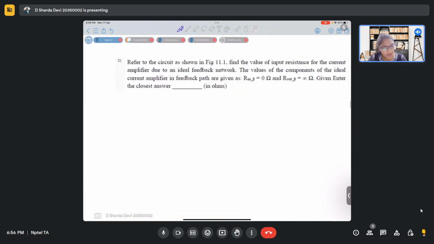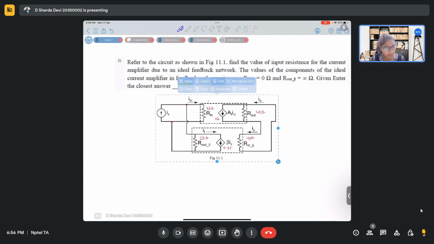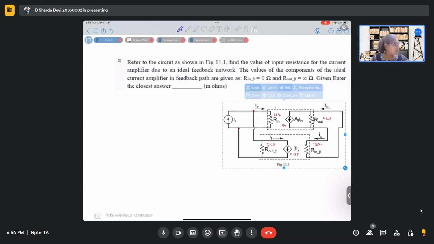So in this problem, we have to use the same circuit. My screen went off actually.